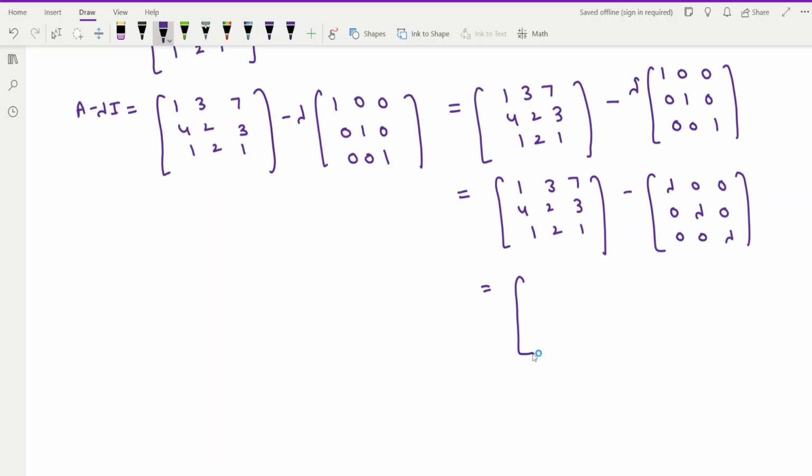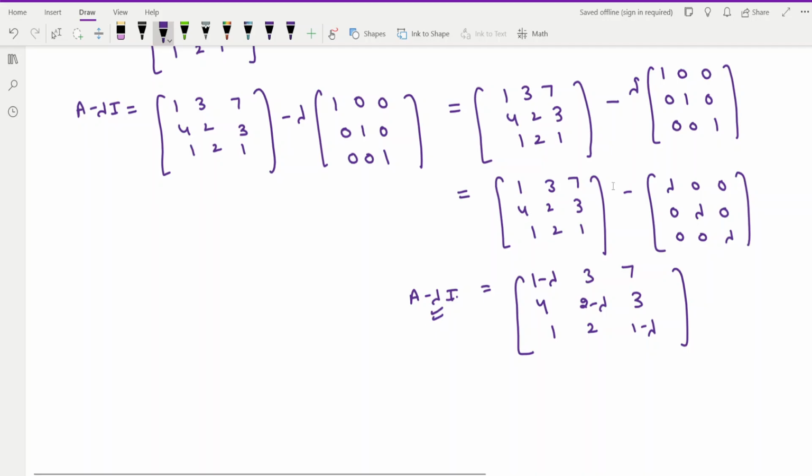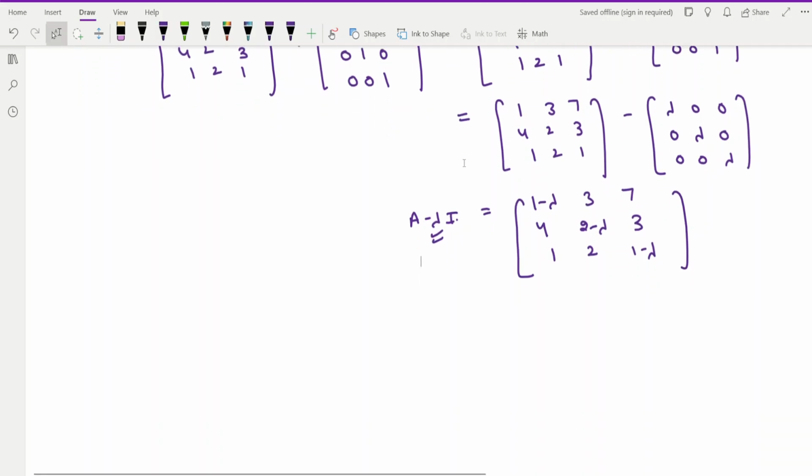A little more simplification is required: that is 1 minus lambda, 3, 7, 4, 2 minus lambda, 3, 1, 2, and 1 minus lambda. Ultimately it is A minus lambda I. Now after getting A minus lambda I, I need to get its determinant.